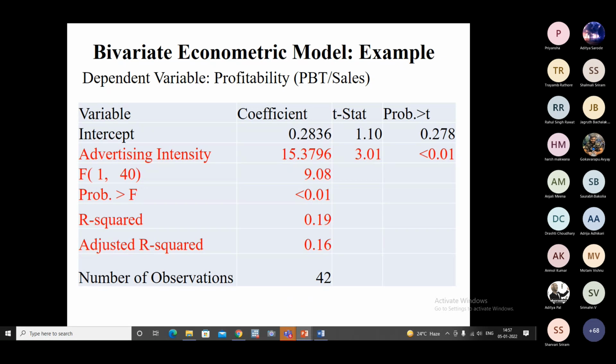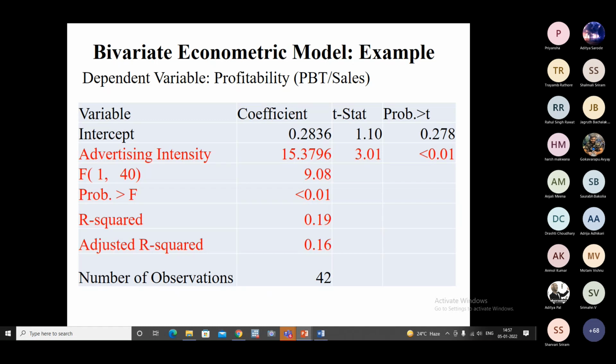In both the cases, advertisement has significant impact on profitability, but the explanatory power, the R-square value, differs. R-square value is also known as goodness of fit.